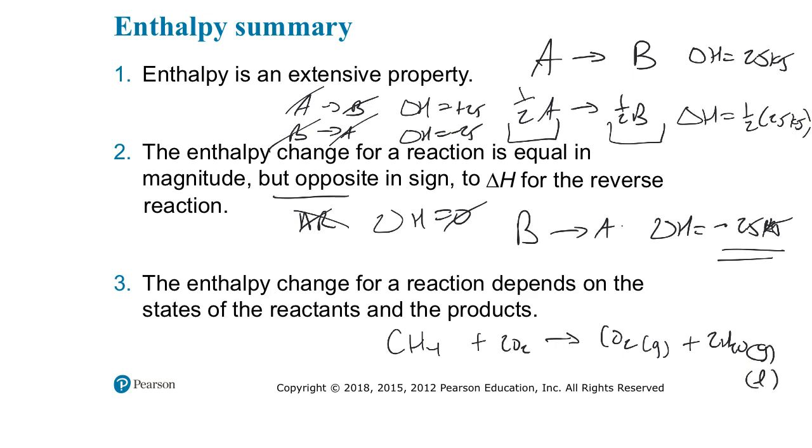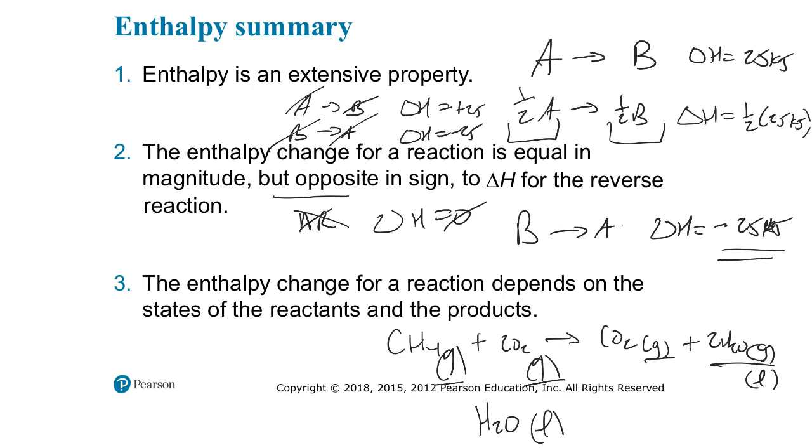You'd have to know if water's in the liquid or the gaseous state when given a delta H. Now, CH4 at room temperature is a gas, O2 is a gas, CO2 is a gas. We really don't have this issue with any substance other than water in this particular reaction. But the key is, if water is being formed as a gas or a liquid, they have a different enthalpy, and so the reaction's delta H would depend on which physical state water's in.